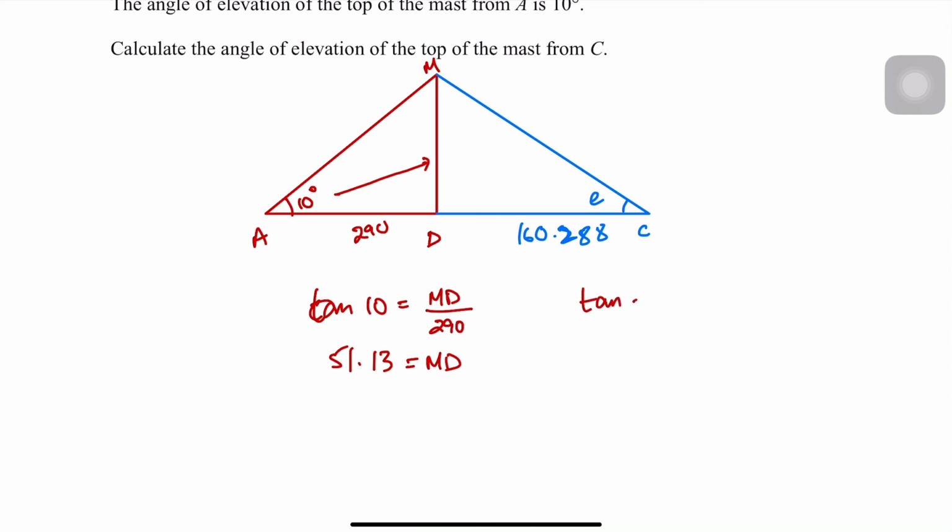Then tan E equals 51.135. That gives me 17.693.